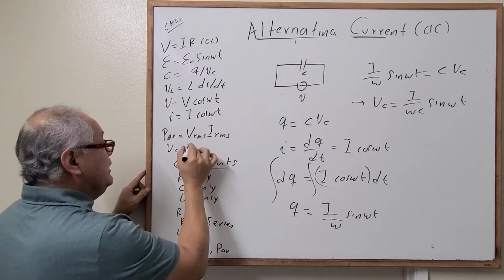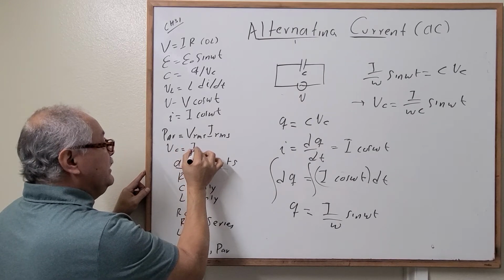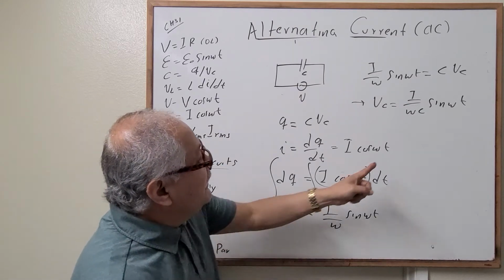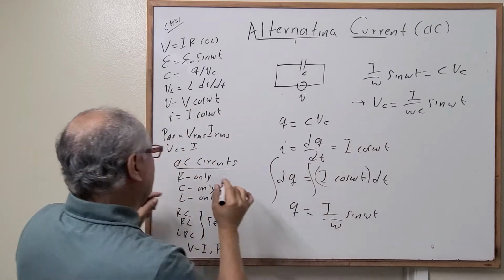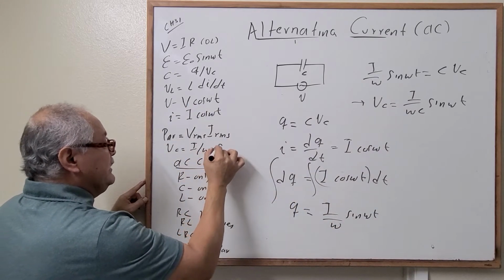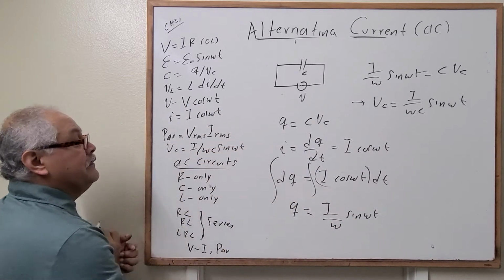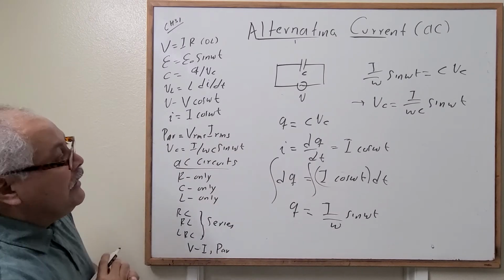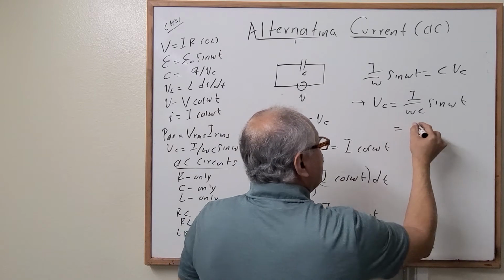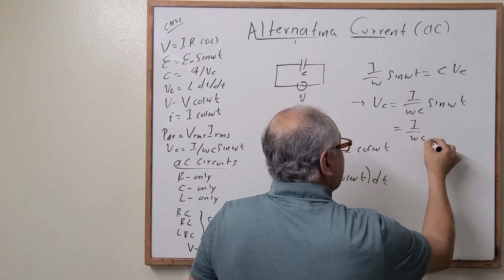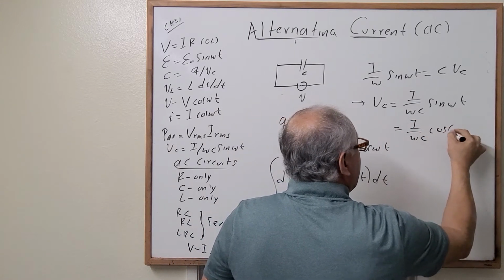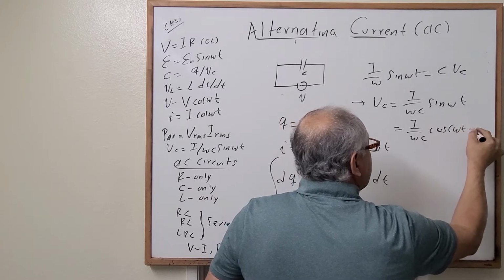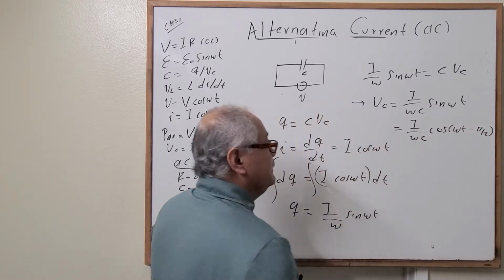Also, we can represent this as current over omega C times cosine of omega t minus pi divided by 2.